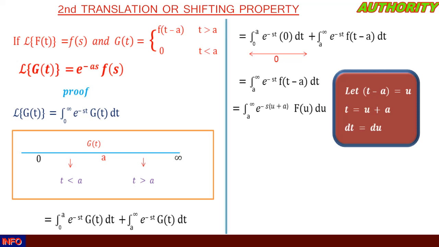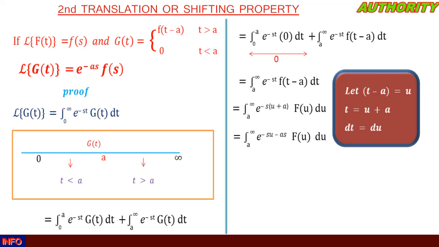In the exponential, or in the powers, what we are going to have is this. We have the integral from a to infinity of e raised to the power of minus su minus as. That is when you use minus s to open the bracket. Is that clear? Good. We still have f of u du.